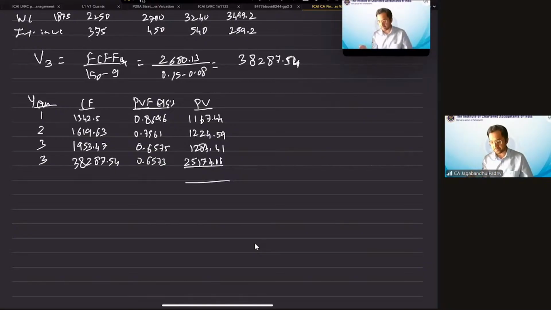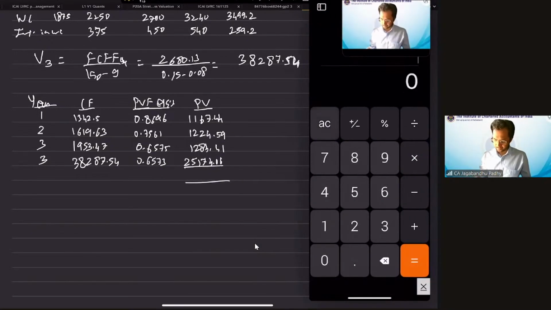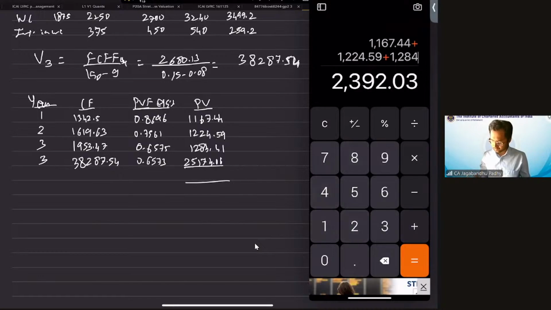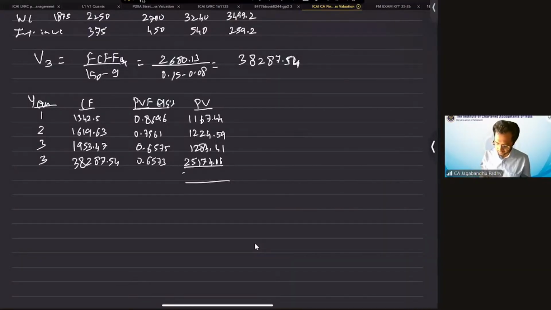And then just add them. Take the total. It is 28,850.5. That's the total of all present values.